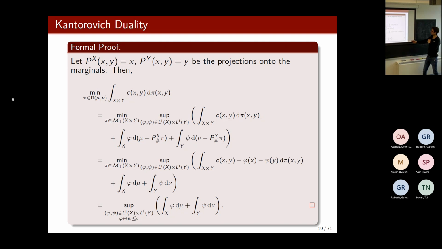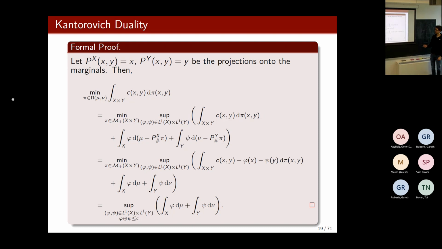So in particular, if c of xy is bigger than phi of x plus psi of y, and this is true for all x and y, then the smallest I can possibly make this integral is 0. Because pi is positive and this integrand is always positive, the best thing I can do is set pi equal to 0 everywhere.